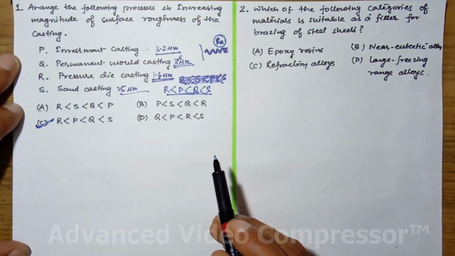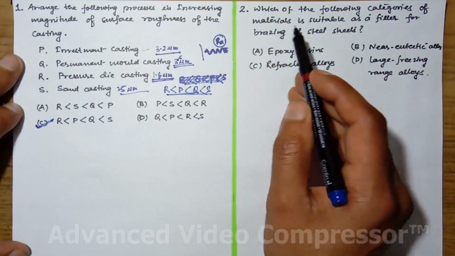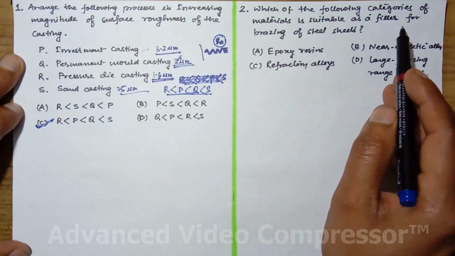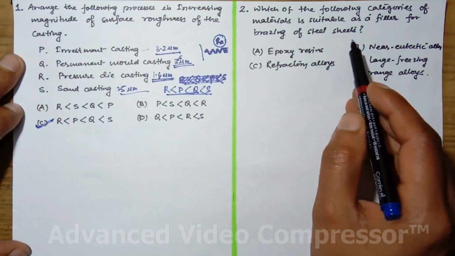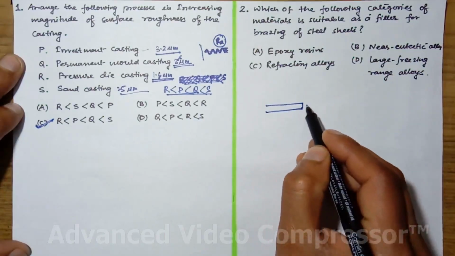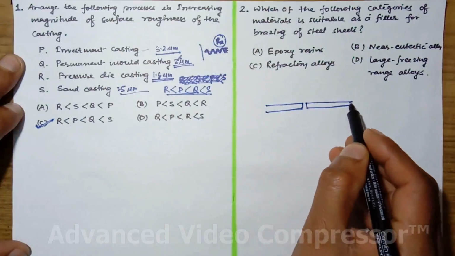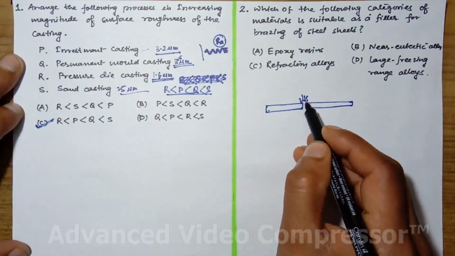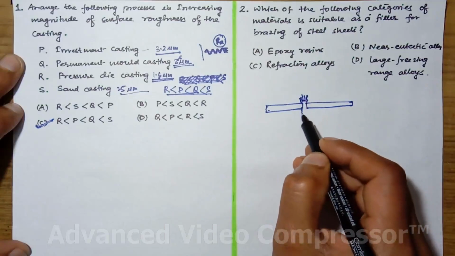Now in the second question: which of the following categories of material is suitable as a filler for brazing of steel sheets? So here steel sheets are given and we have to braze them. So what happens in brazing?